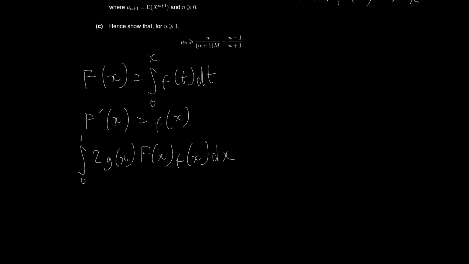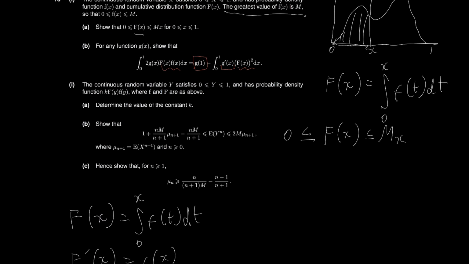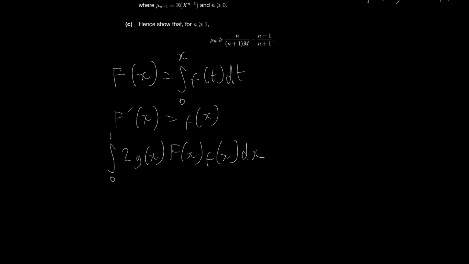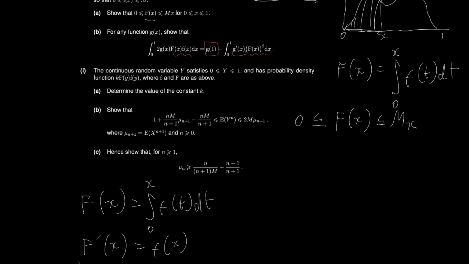If we want to use integration by parts here, we want to end up with some sort of g'(x), so we set u equal to what we're differentiating. We say u equals g(x), and that constant 2 out front doesn't stay outside, so it's probably used up in the integration.